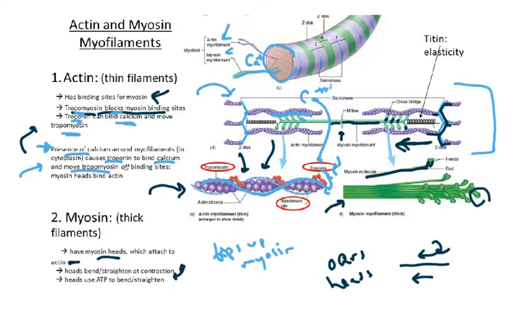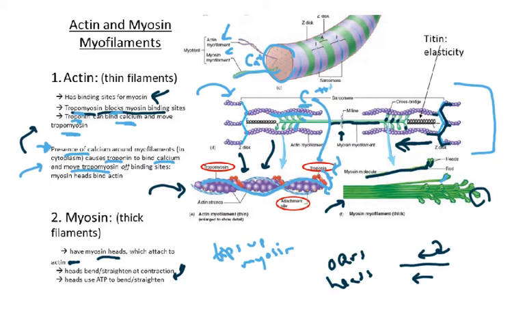And when myosin binds actin, these myosin heads may be able to move. We need to talk about how these myosin heads move. Basically, they just need ATP, and then these myosin heads would be able to move. But the thing that I'm trying to focus on right now is calcium.